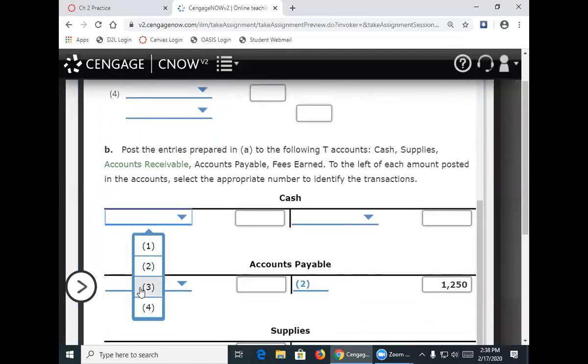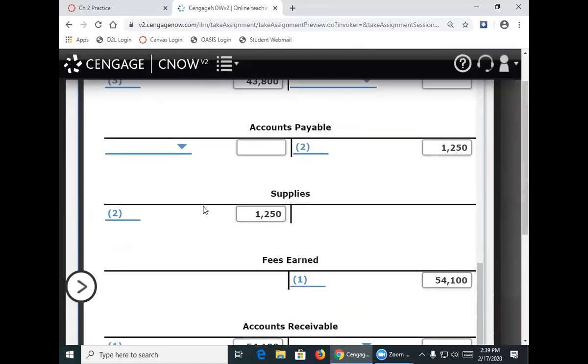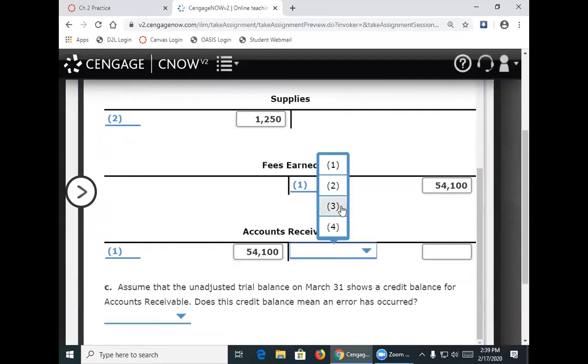So cash gets a 3 on the debit side, 43,800. And then I go down to accounts receivable, and this is on the credit, 43,800. Okay.